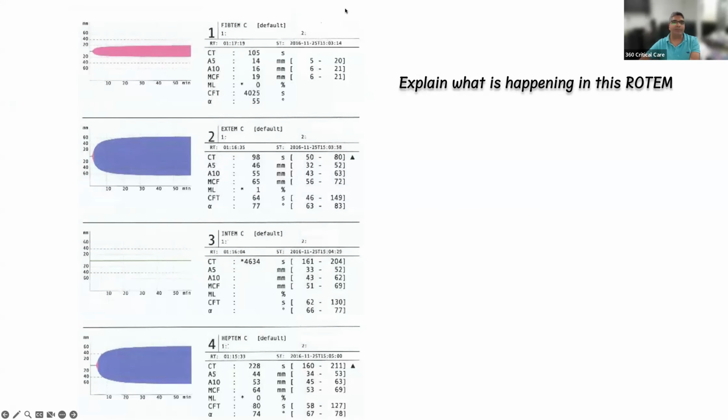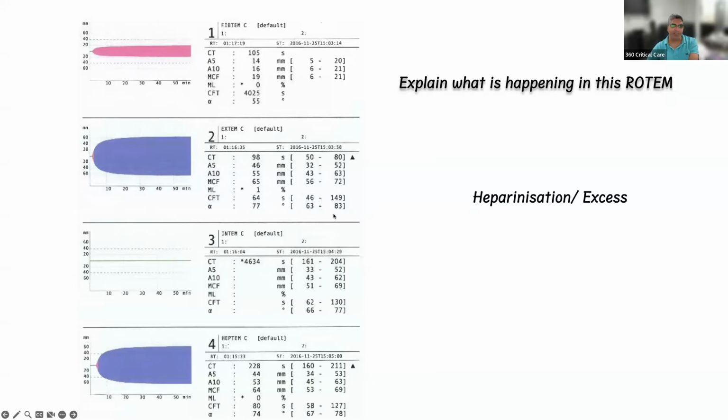What's happening with this one? Can you take us quickly? So 15 A5 is normal. Okay, what does it say? Factor 7. Okay, factor 7 deficiency.